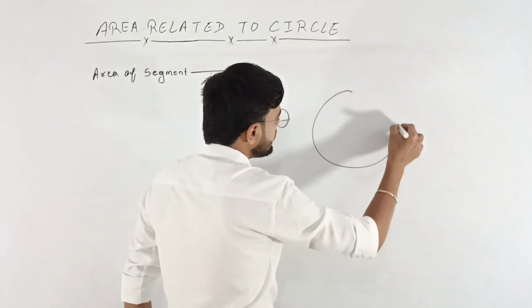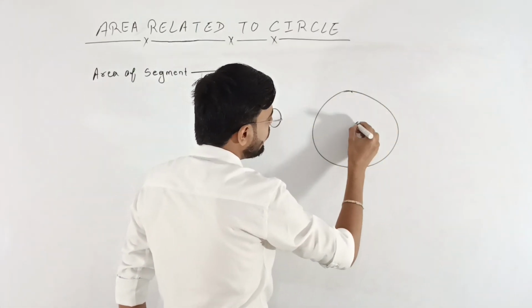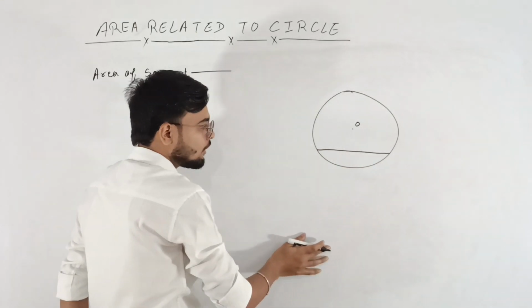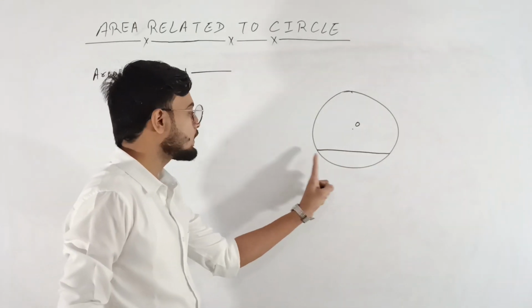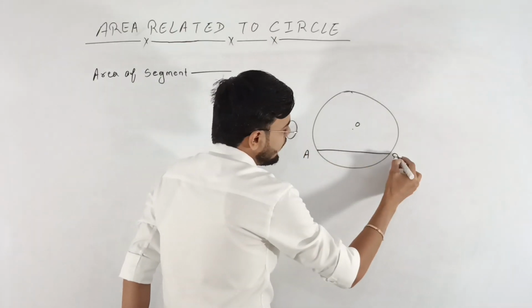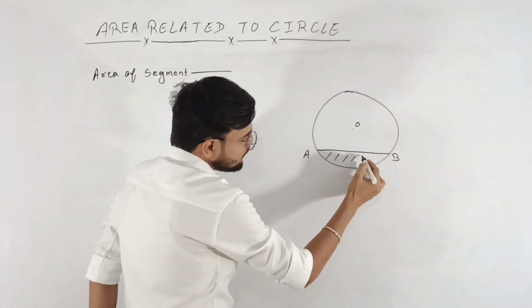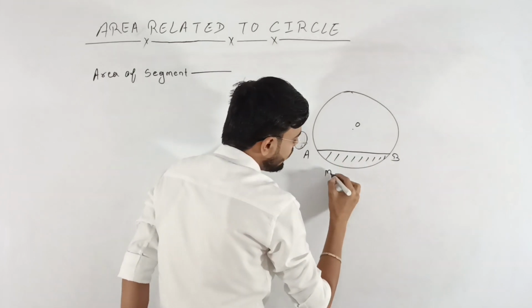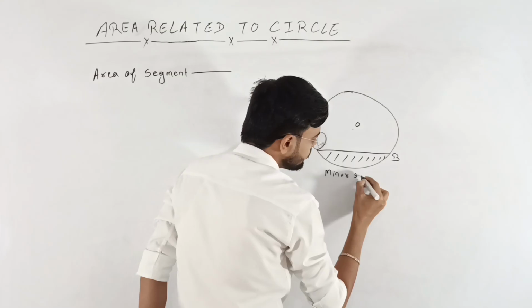So look, suppose this is my circle with center O and I draw a chord. You all know what a chord is? A chord is a line which intersects the circle at 2 points. Now this is the chord AB, then this area is the segment. This area is called a segment, and this is a smaller one, so this is called the minor segment.